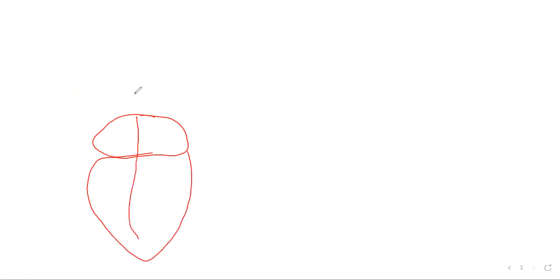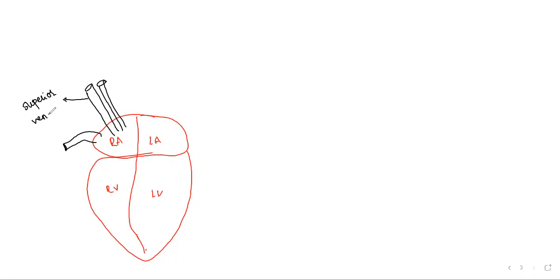The right atria, left atria, right ventricle and left ventricle. The right atria is going to receive blood from body parts. As I am saying again, I am drawing the respective positions of the vessels here in an imaginary diagram: superior vena cava and inferior vena cava.